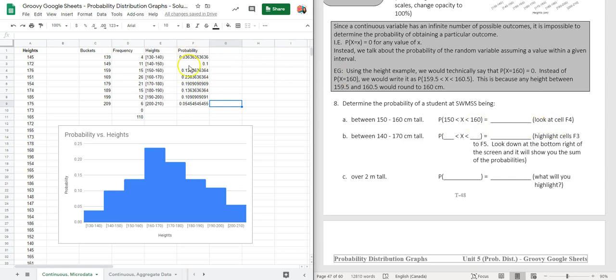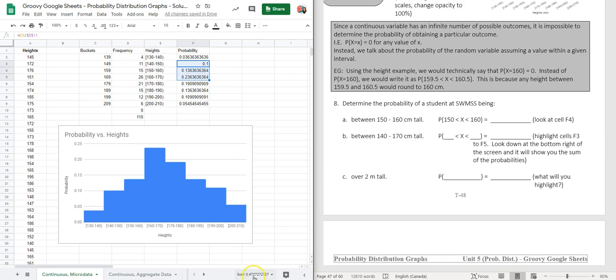Well, you can see that in cell F4, the probability of being between 150 to 160 would be approximately 0.136. And the probability of being between 140 to 170, well, what we would do is take these three things and add them together.